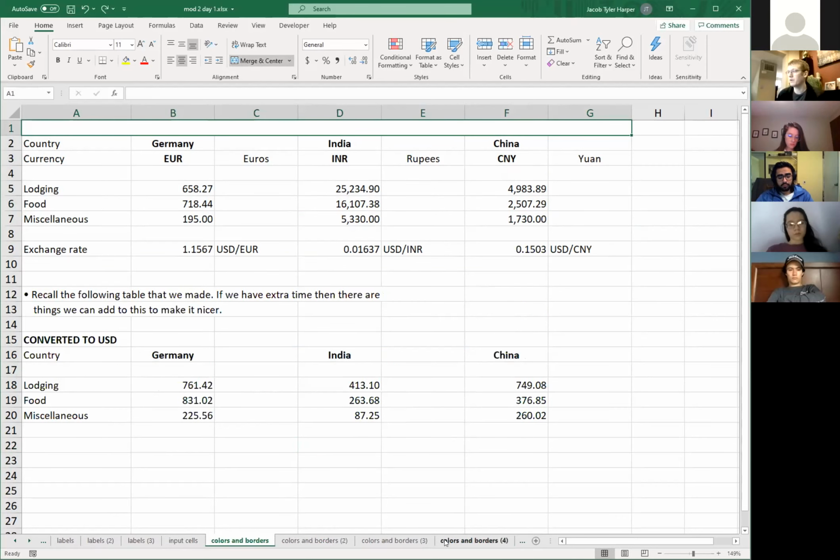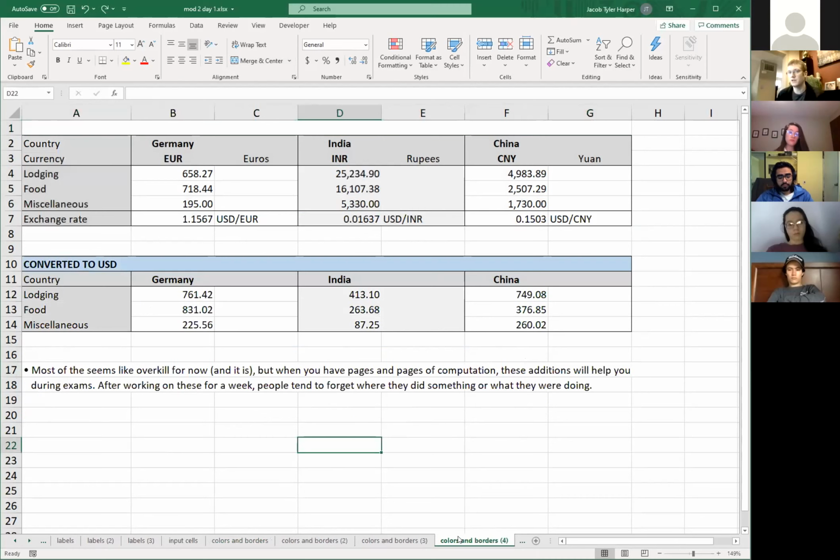And now compare these 2 things. So you come back to this in a week versus this in a week. It's just easier to read. Now, like I said, it is overkill and it does take more time, but it's just good to practice this stuff when you have that extra time, as opposed to when you have pages and pages and stuff and you forget how to do this stuff later on.